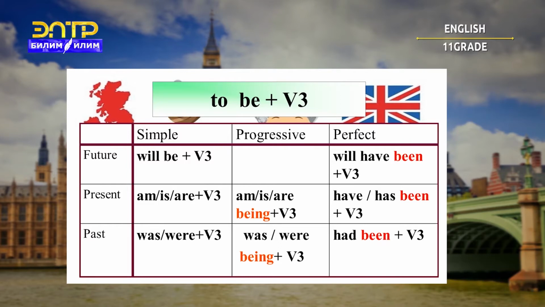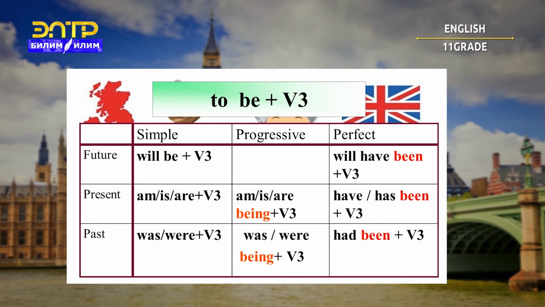Look at the table. In future simple, we need to use will be plus verb in third form. In perfect, we use will have been plus verb in third form. In present simple, we use am, is, are plus verb in third form.